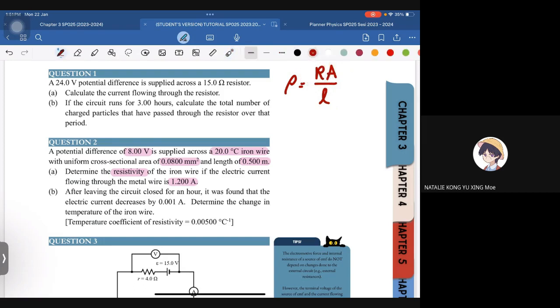Kita guna Ohm's law. V is equal to I R. So dari sini kita tahu R ni akan jadi V over I. So kita rearrange lah. So R tu kita substitute di sini jadi V over I, kali A over L. Macam tu. So dari sini bolehlah kita substitute.